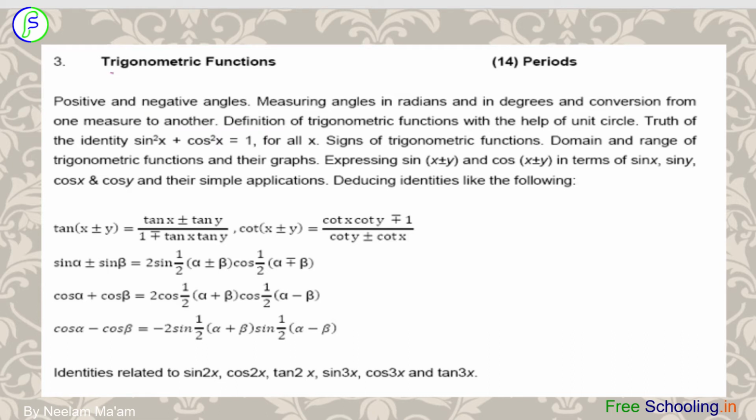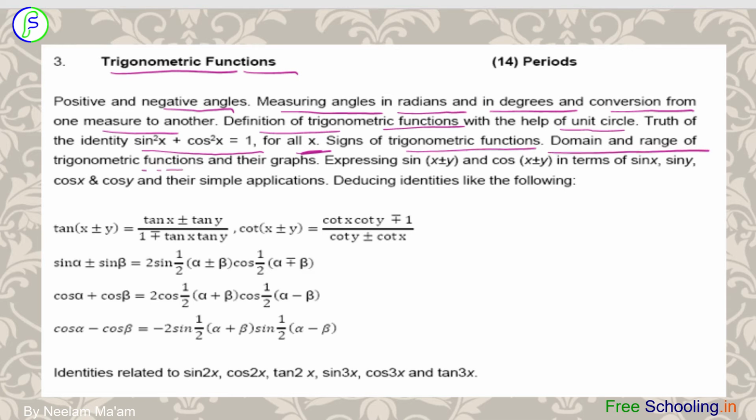Now next is the trigonometric functions, important. Positive and negative angles, measuring angles in radians and degrees and conversion of one measure to another, definition of trigonometric functions with the help of the unit circle, truth of the identity sin squared x plus cos squared x equals 1 for all x, signs of trigonometric functions, domain and range of trigonometric functions, and their graphs.